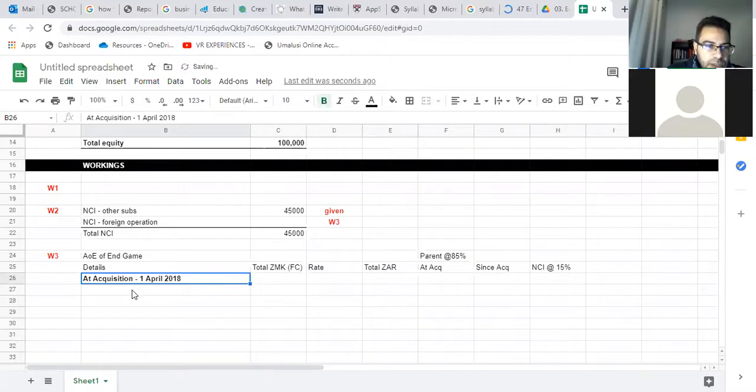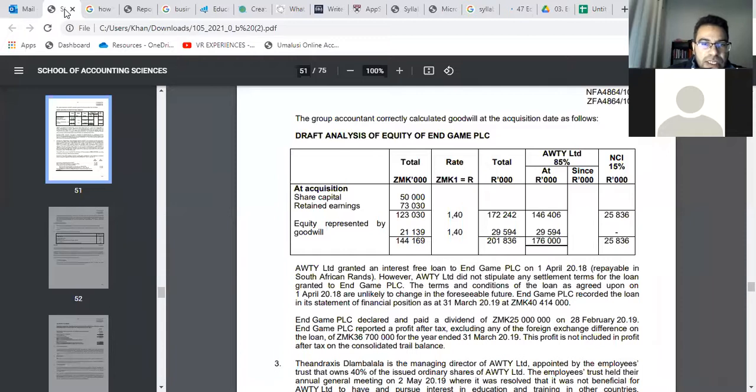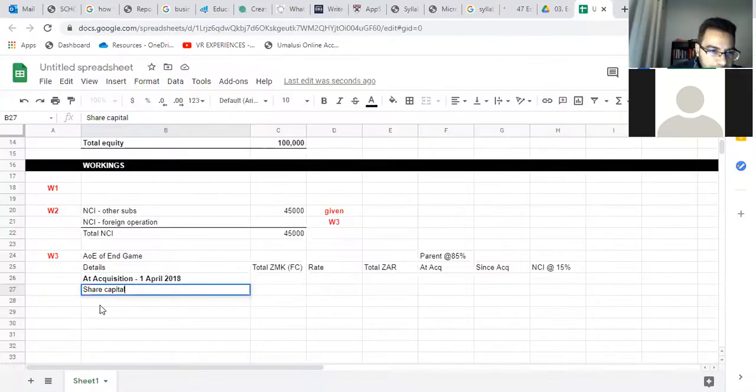So all we had at acquisition was share capital and retained earnings. So we have share capital, and then we have retained earnings.